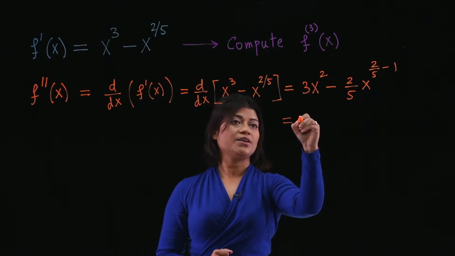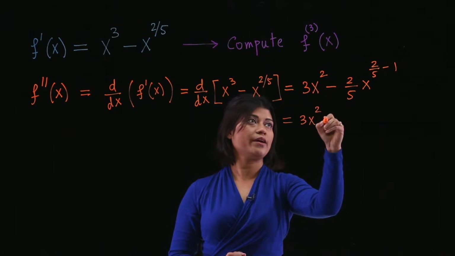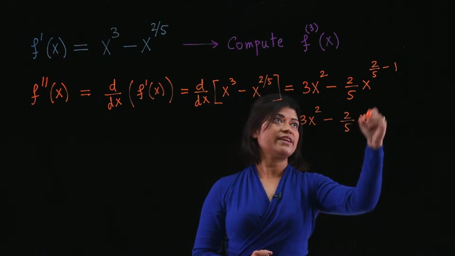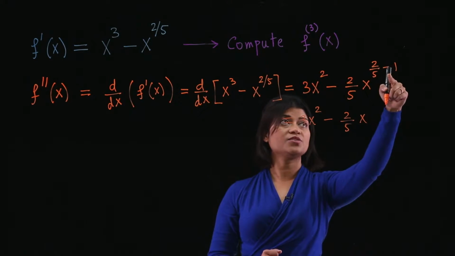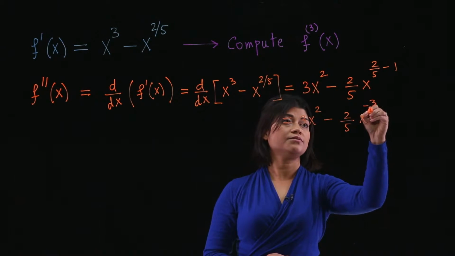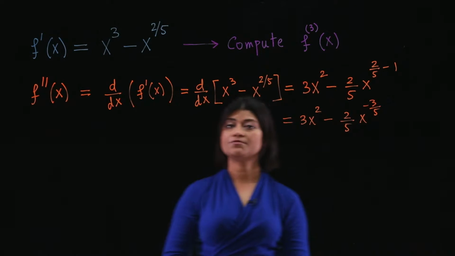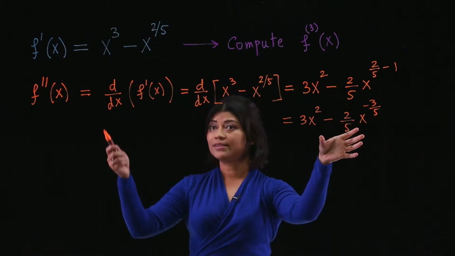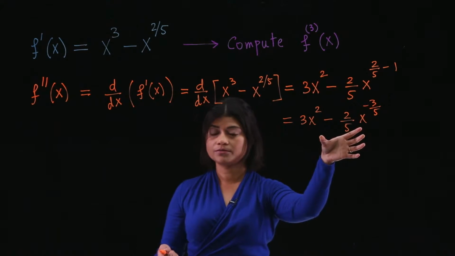So simplify and we get 3x squared minus 2/5 times x to the power 2/5 minus 1, so 2 minus 5, that's negative 3 divided by 5. So it's negative 3/5.